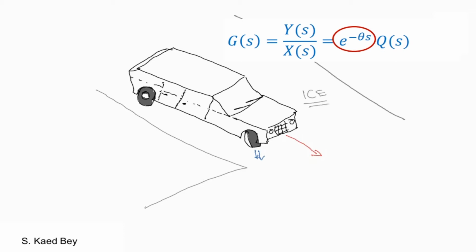Clearly, in such a case, it would be difficult to drive and would require a skilled driver who could wait for the effect of a steering wheel change to occur.